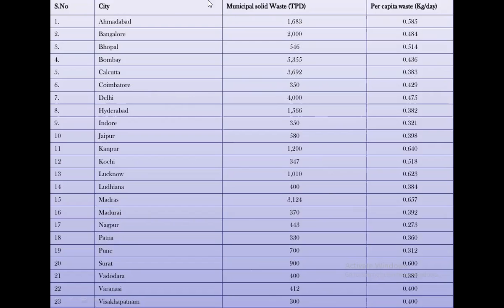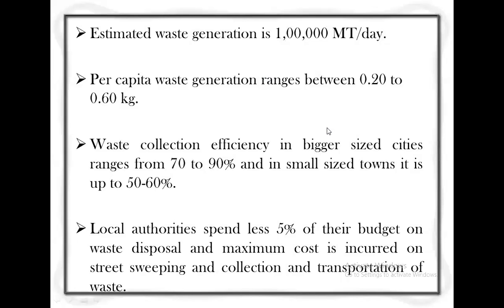Maximum is for Bombay. The amount of municipal solid waste is higher because the population is more. The metro city, 5355.